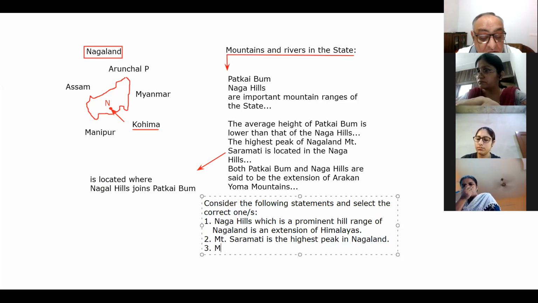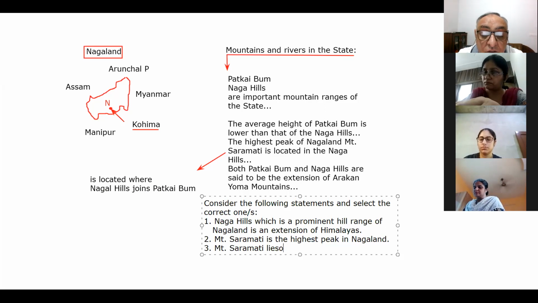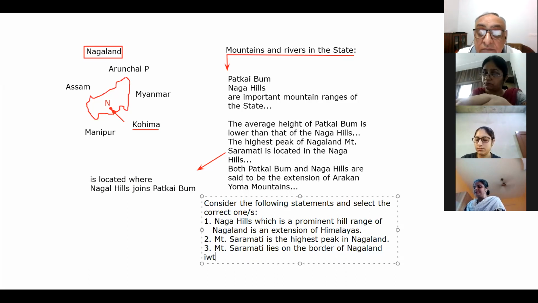Third is that Mount Saramati lies on the border of Nagaland with Myanmar. So this is the third point which can be there.